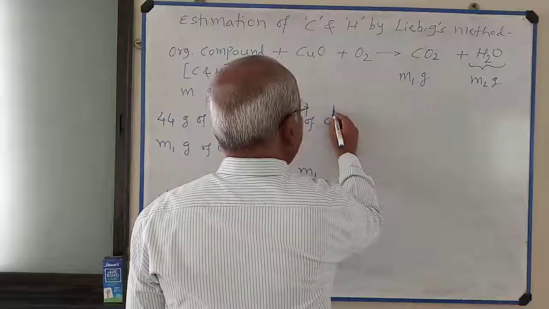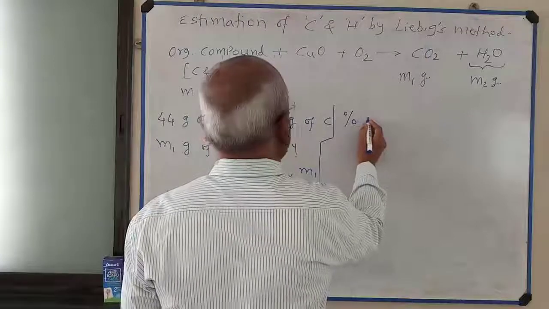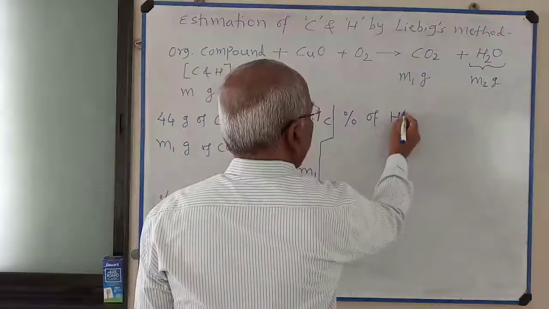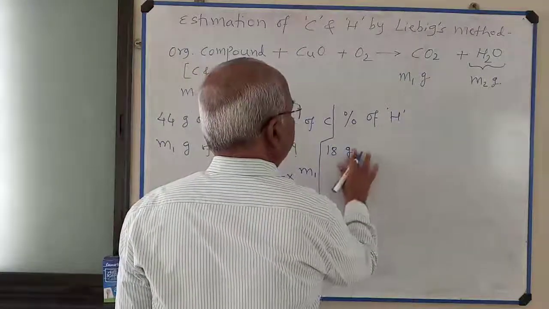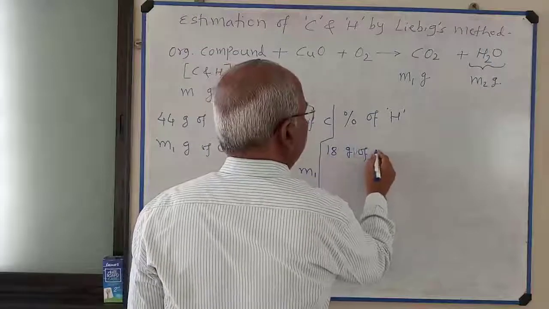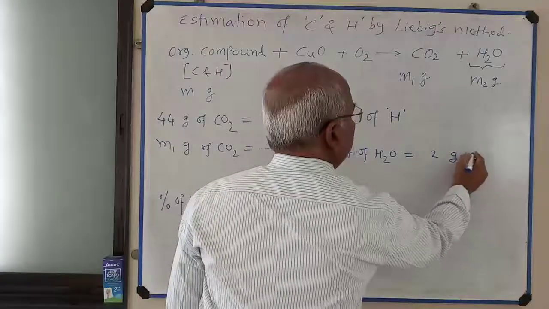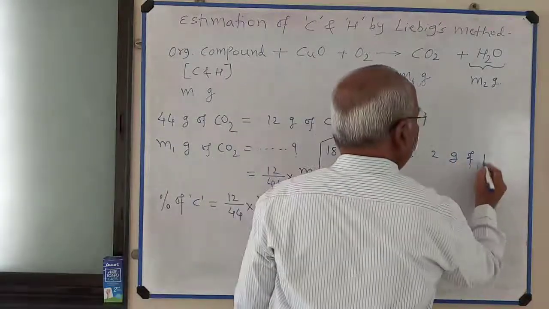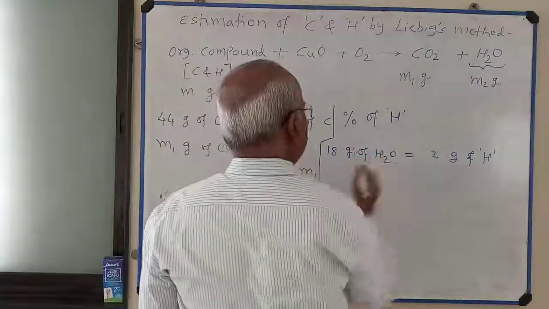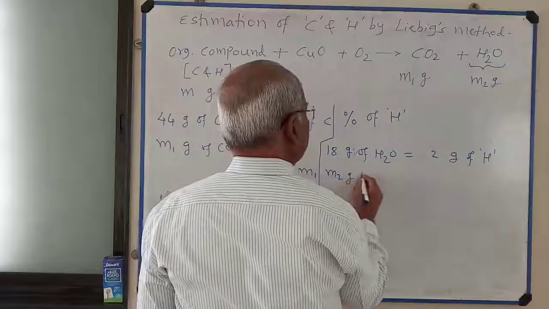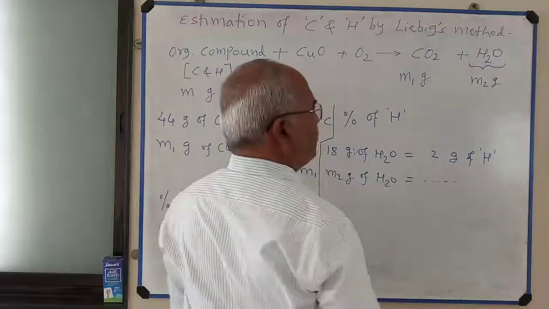Now I am going to explain how to determine the percentage of hydrogen. You know that 18 gram of H2O contains 2 gram of hydrogen. Then m2 gram of water will contain how many gram of hydrogen?